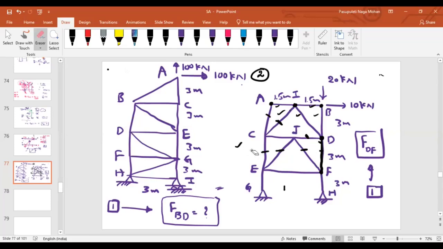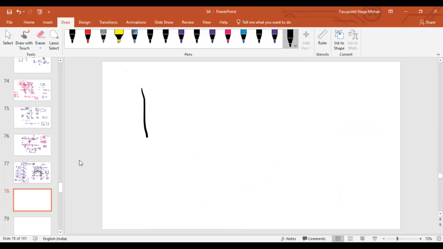But luckily, in this case, what happens if I cut a section like this? How many members are connected if I cut a section like this? 4, sir. 4 members are connected, right? But in this case, let me draw the free-body diagram.